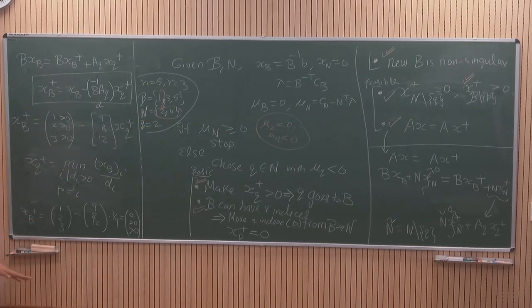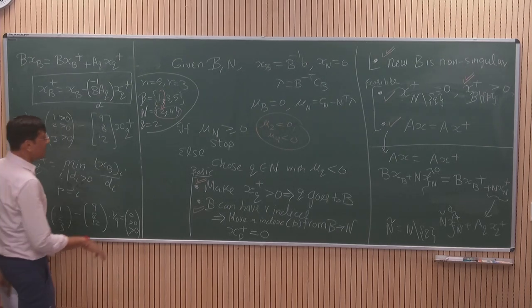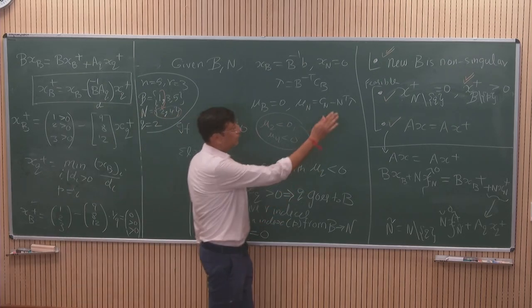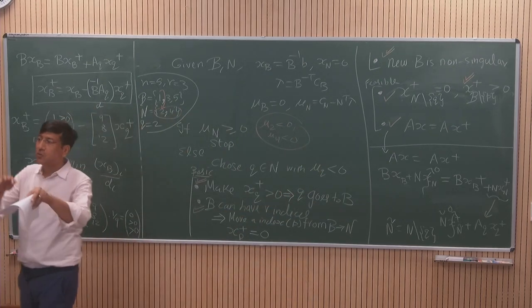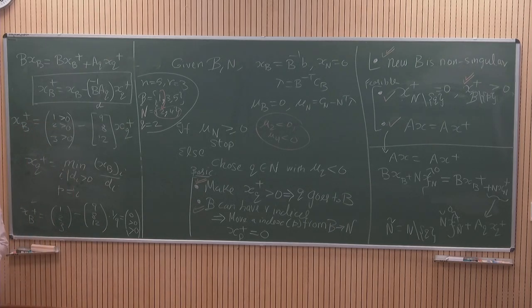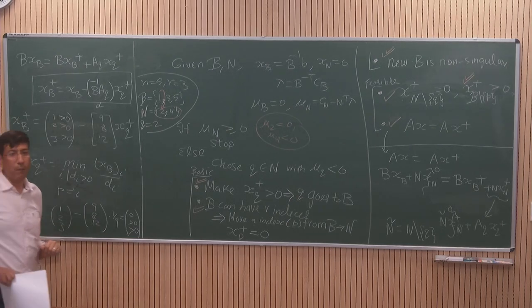The theory is not telling you that, but it does something smarter. If you do all these steps, basically make x cube plus, and you go from one vertex to the next vertex of the basic feasible region, you will not ensure that the negative mu's are becoming positive, but you would ensure in the meantime that the function value is reducing, which means that you are moving towards the minimum, which we will see in an example today.